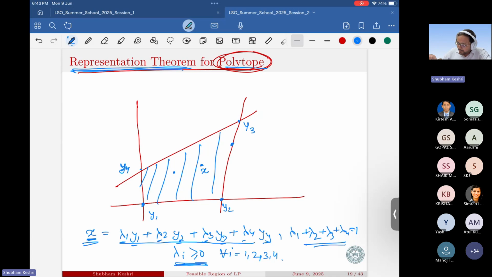You can go further. When X can be represented like this, the set of the feasible region you can write like this. So the set of feasible region, that is all X's, can have this form.